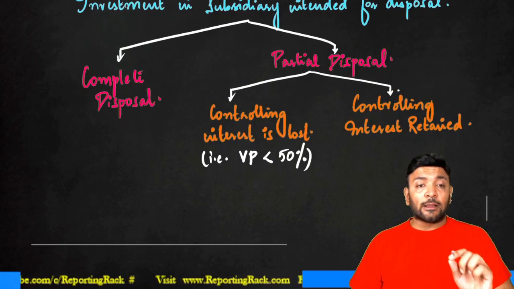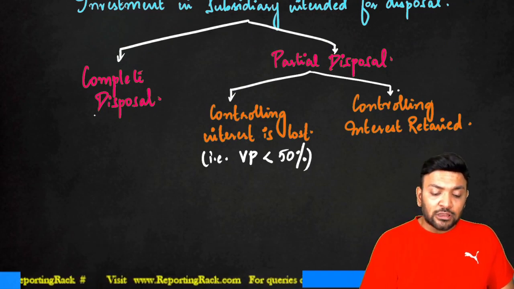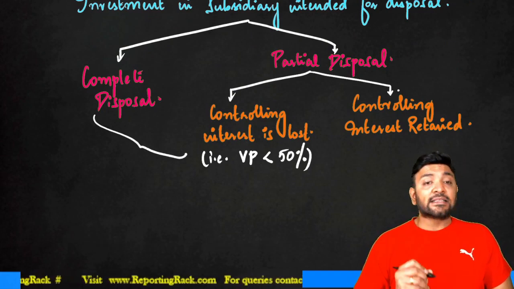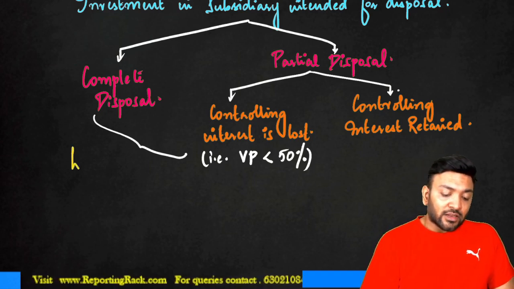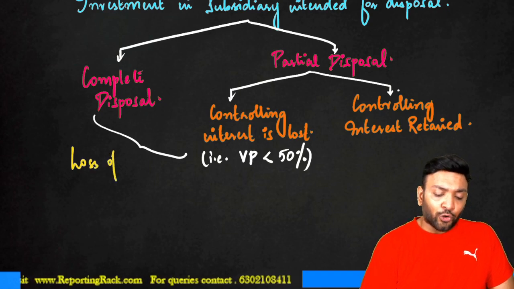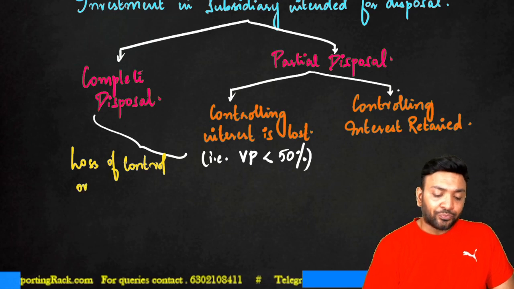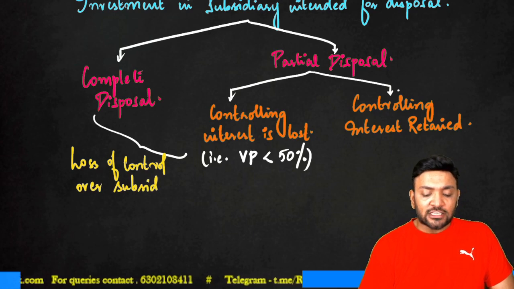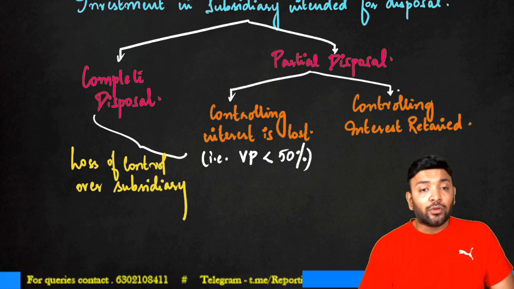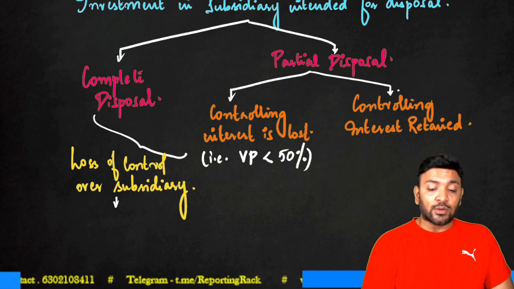Now, in these two types, complete disposal or controlling interest being lost, in both these situations, I can say that there is a loss of control over the subsidiary. When I have lost control over the subsidiary, or when you intend to lose control over the subsidiary, in such cases, I'll classify it under Ind AS 105.